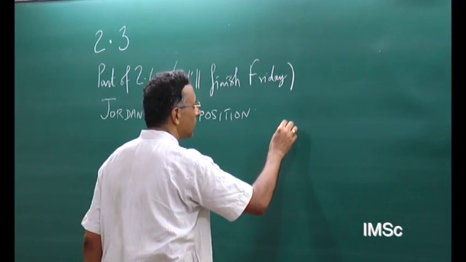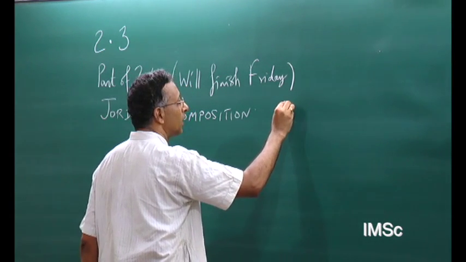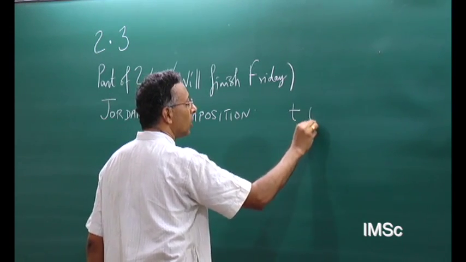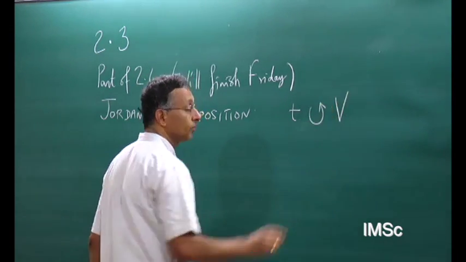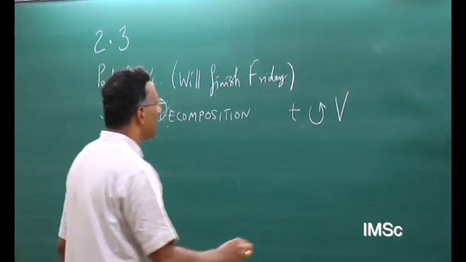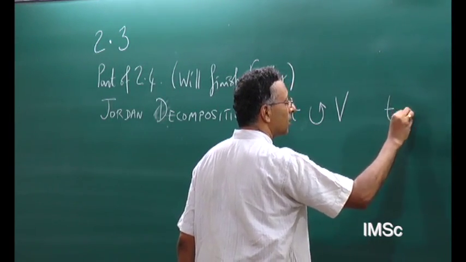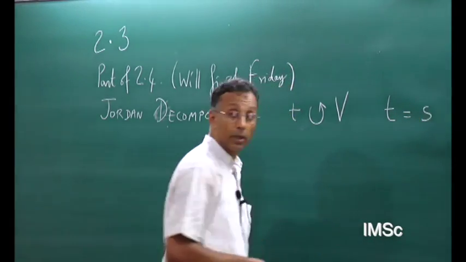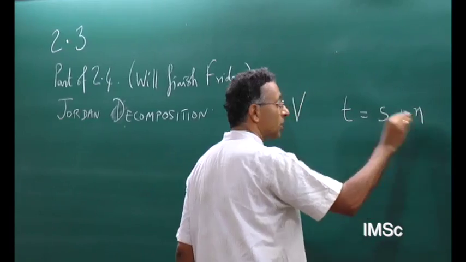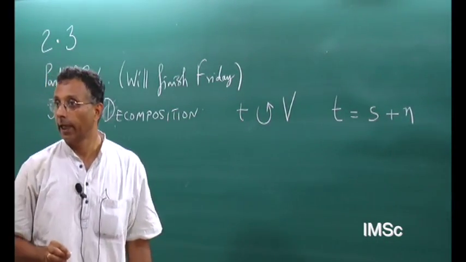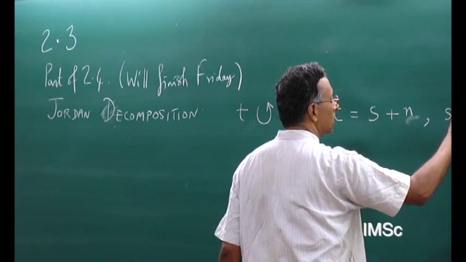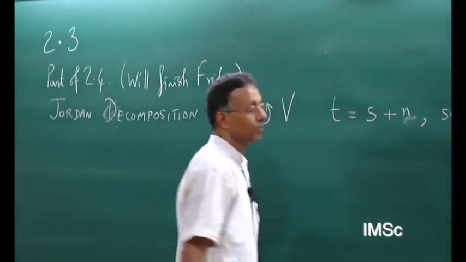For this, you might want to recall that if I have a linear transformation, let's call it T, on a finite dimensional vector space V, then T can be written as a semi-simple part S plus a nilpotent part N, such that S and N commute.